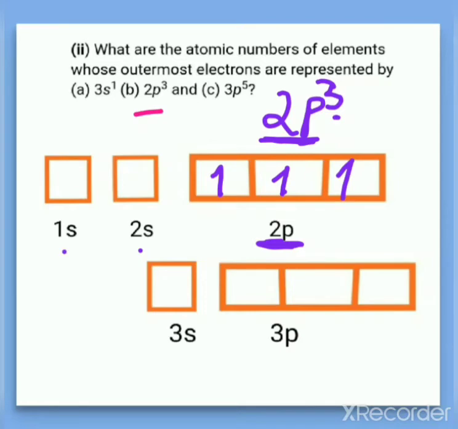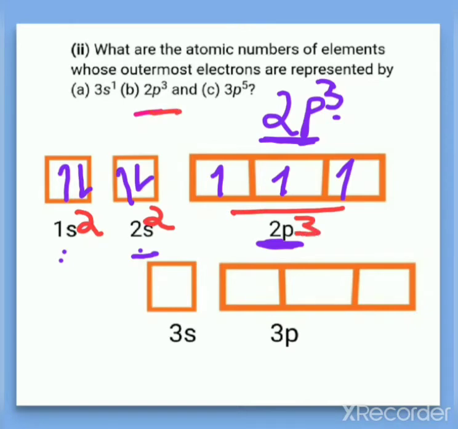That means definitely there are electrons in 1s and 2s. After the complete filling of 1s and 2s, then only the filling starts for 2p. So when we count the number of electrons in each, here you can find 2 electrons, 2 electrons, and here there are 3 electrons as given in the problem itself, 2p3.